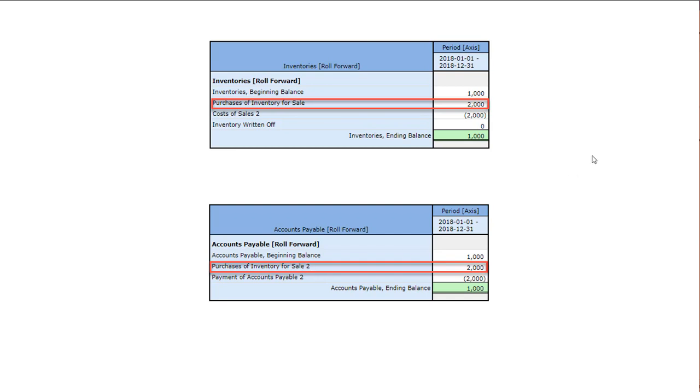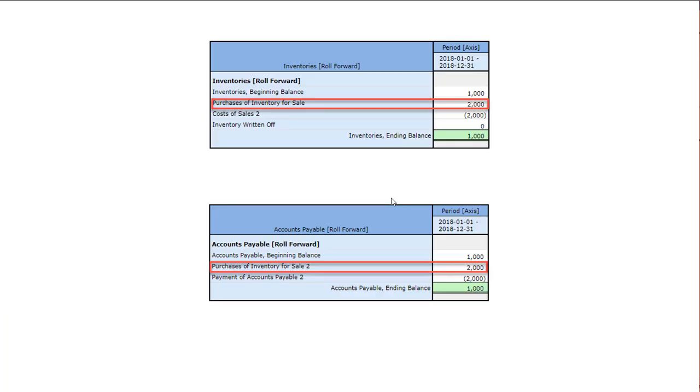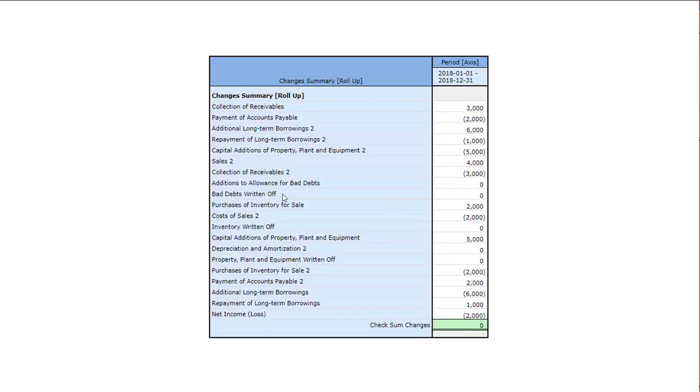I created this to show that they're 2 different things. The second piece is, here are the actual transactions that are grouped into these roll forward groupings.